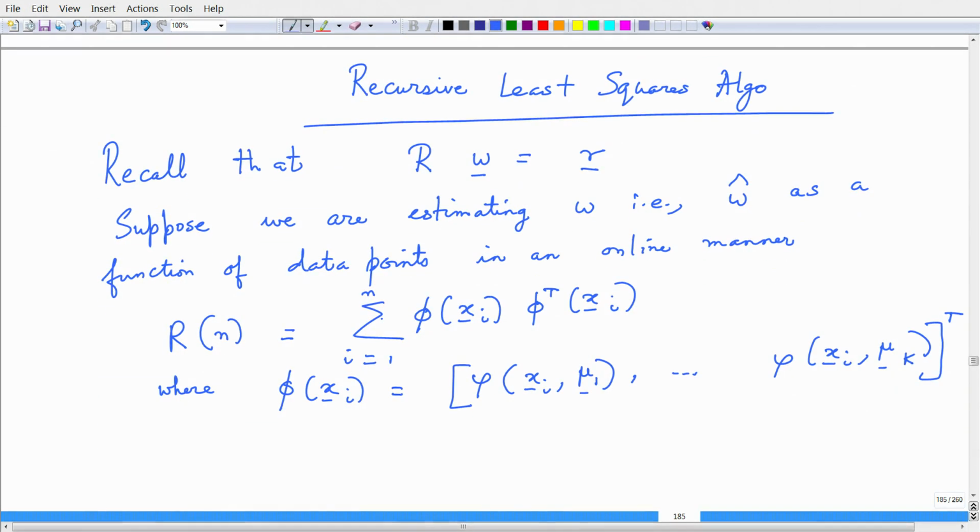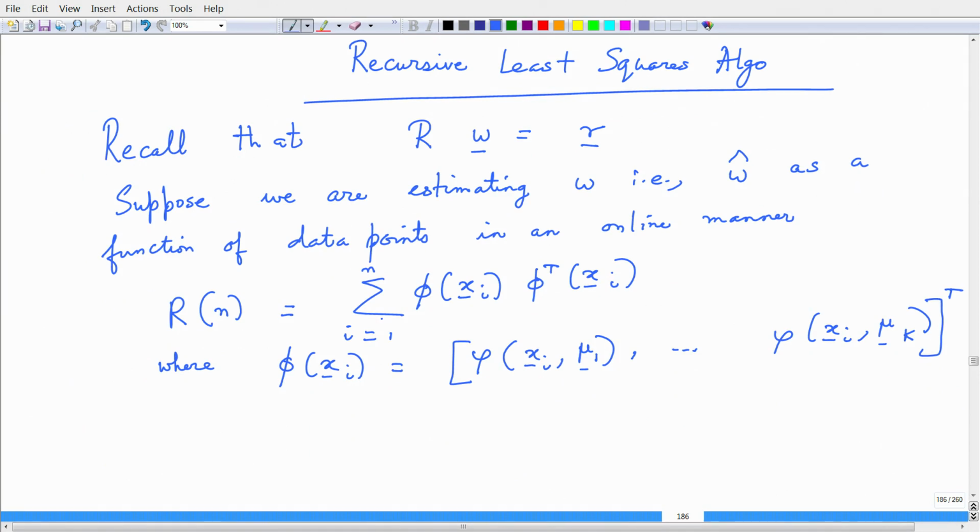We will do this estimation as we get these data points online. So, therefore, we can say that this is summation i equals 1 to small n phi of xi times phi transpose of xi.